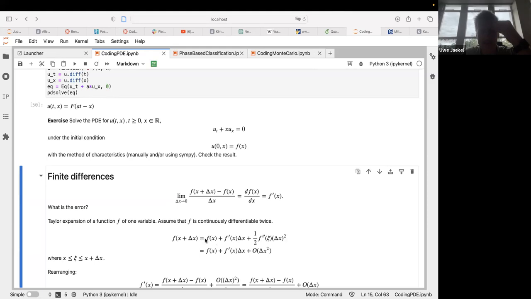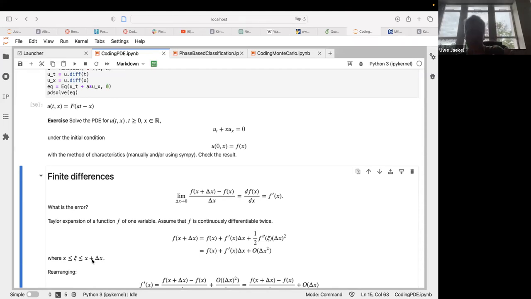And the Taylor expansion to second order looks like this. f of x plus delta x is f of x plus the derivative at position x times delta x, plus a second order correction. And this is taken at a psi, which is somewhere between x and x plus delta x.